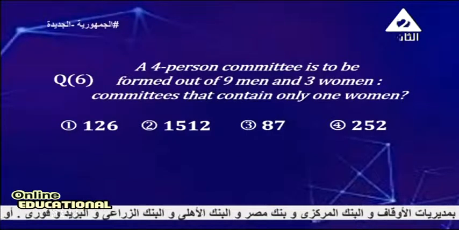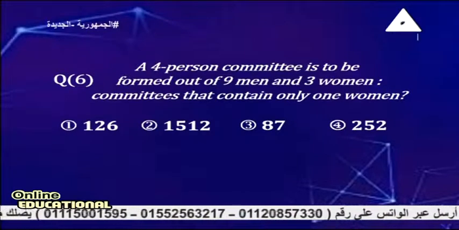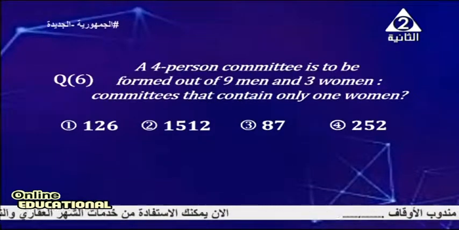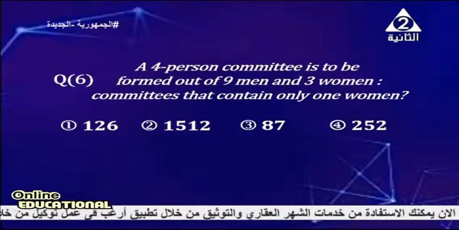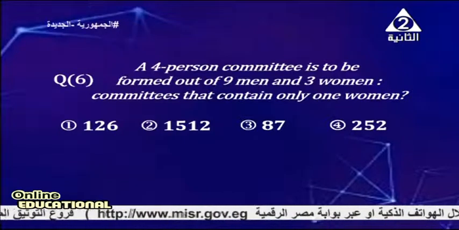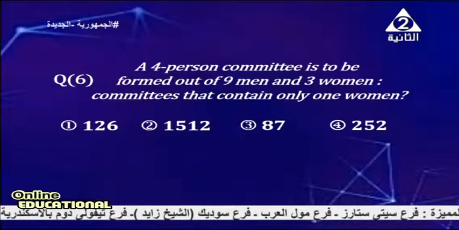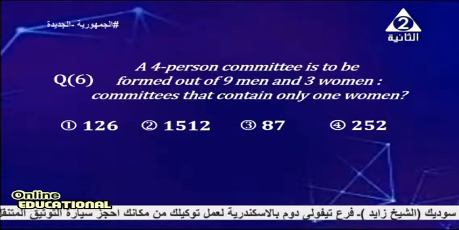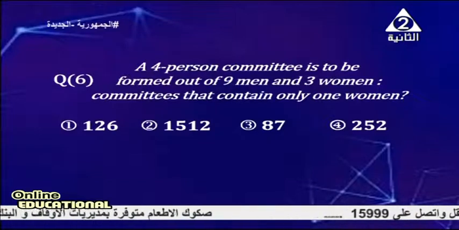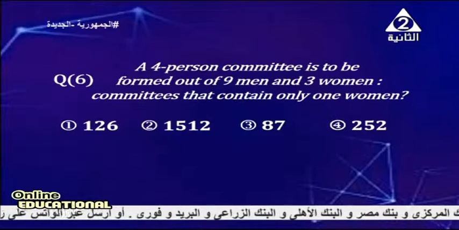Before we solve, think. We need to form a 4-person committee from 9 men and 3 women, with committees that contain only 1 woman. If we choose 1 woman, then the remainder is 3 men from the 4 persons.